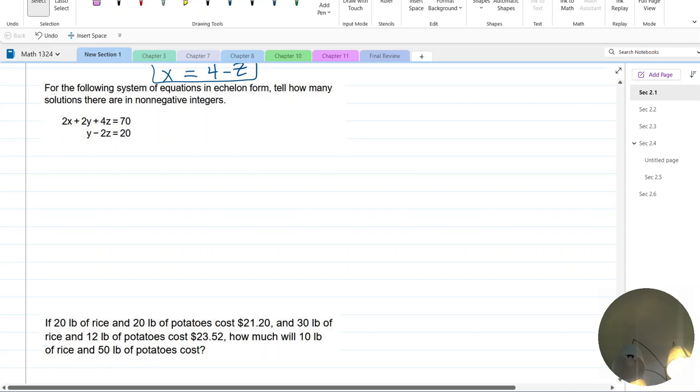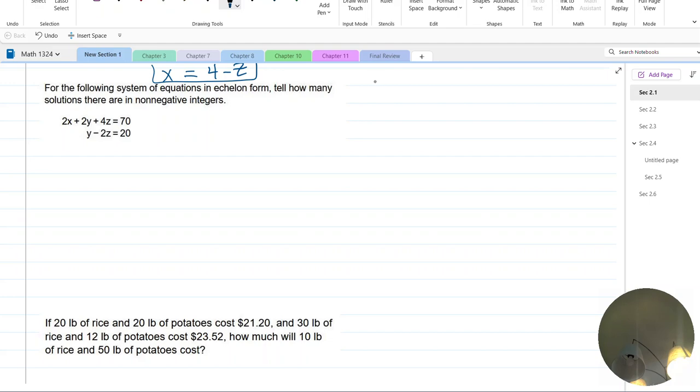And on this one, we want to find solutions. Okay, well, we know that these are products or whatever they can be. We know that Z has to be greater than or equal to 0. So must all of the terms. And Z is the driver for how many solutions we can have.